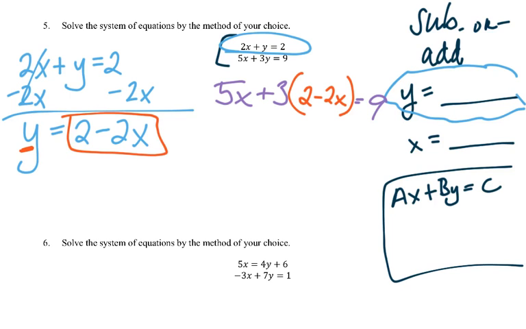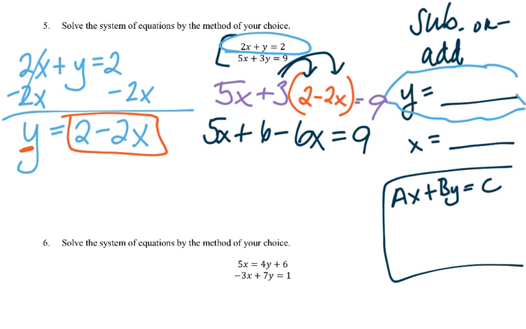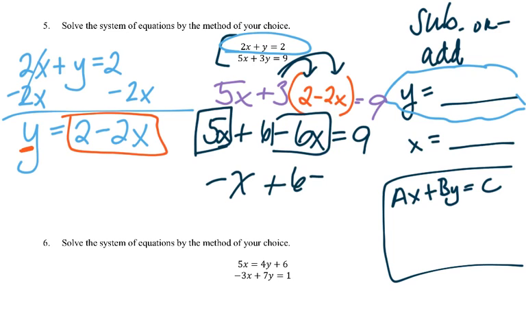I'm going to distribute the 3 to the parentheses. So I have 5x plus 6 minus 6x equals 9. I have 5x minus 6x, which gives me negative x plus 6 equals 9.